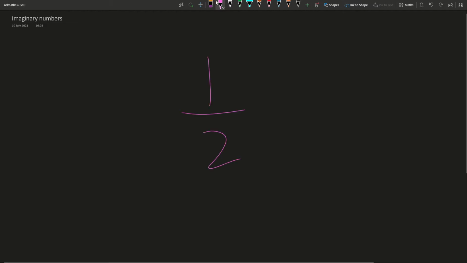You were introduced to numbers like this, which are rational. A rational number is a number that can be described as a simple fraction. Then you learnt about numbers which are irrational, numbers which can't be put into a nice fraction.